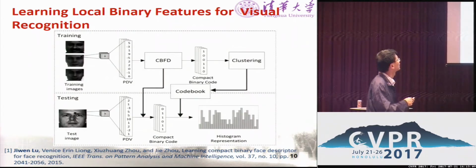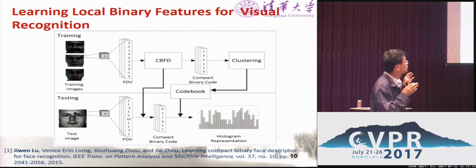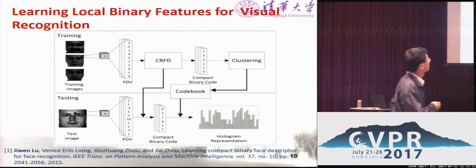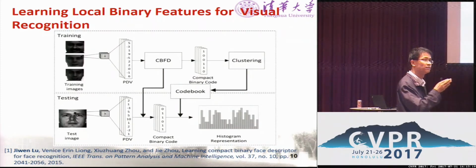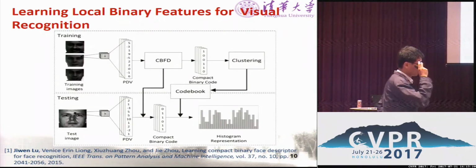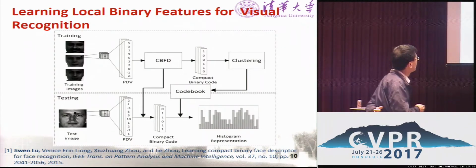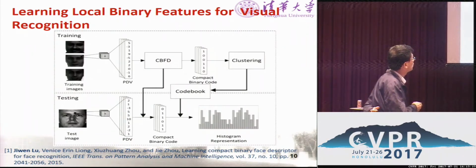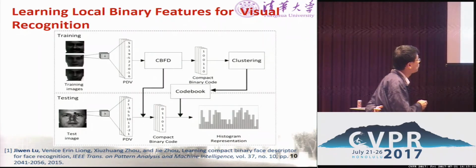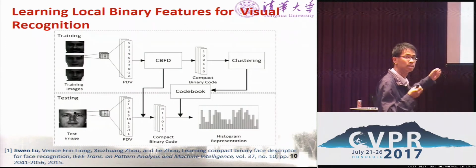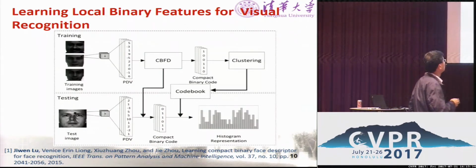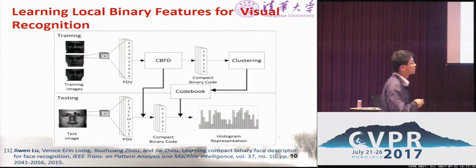Then, for example, we get some positive values and some negative values, but we don't do the thresholding at this stage. Usually if the sampling size is larger, this PDV feature vector may be a high dimensional vector. For example, if the size is 7 by 7, the feature dimension of this PDV vector is 48.